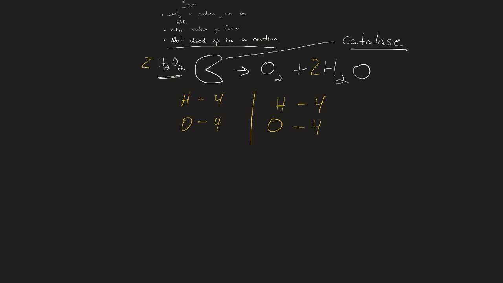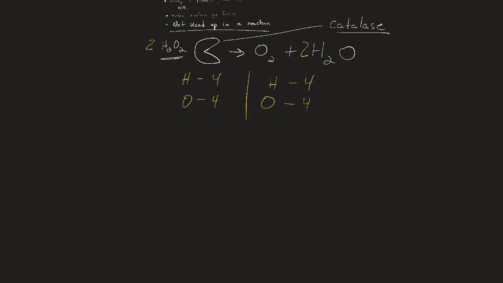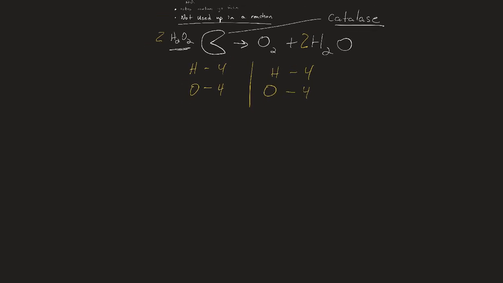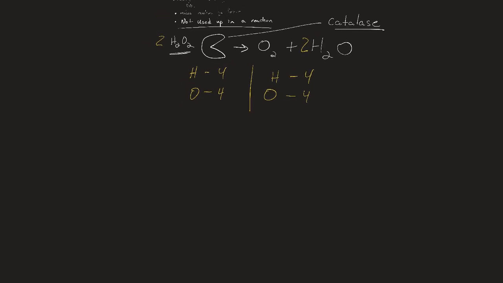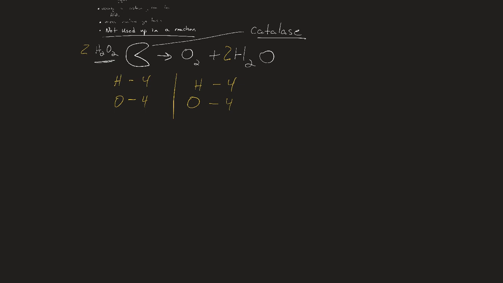So what does this enzyme do? By itself, if you look at a bottle of hydrogen peroxide, how long do you have before it goes bad? You all have hydrogen peroxide at home? Do you replace it every week? It lasts for a long time. It doesn't break down by itself. It doesn't turn into water and oxygen by itself. It does a little bit. You'll see little bubbles. And that's how we're going to tell if something's happening, because if you have a liquid and it starts to turn into oxygen gas, what are you going to see?